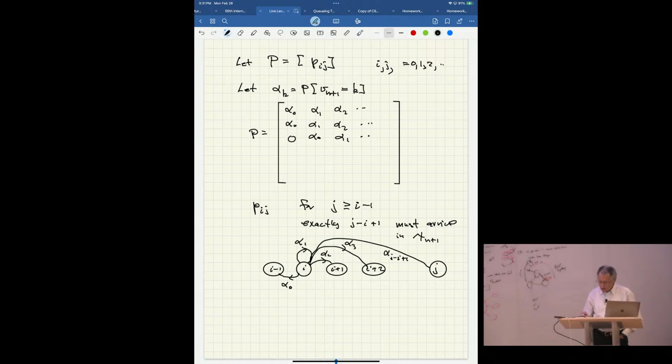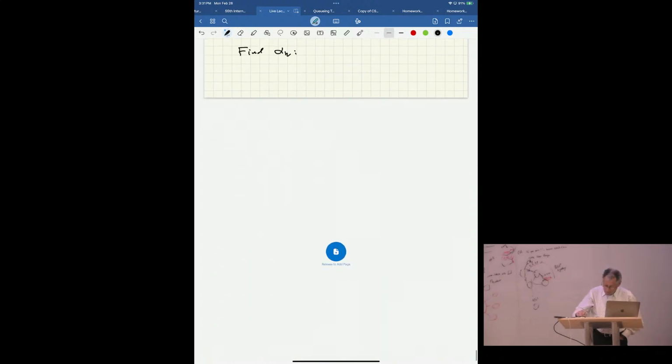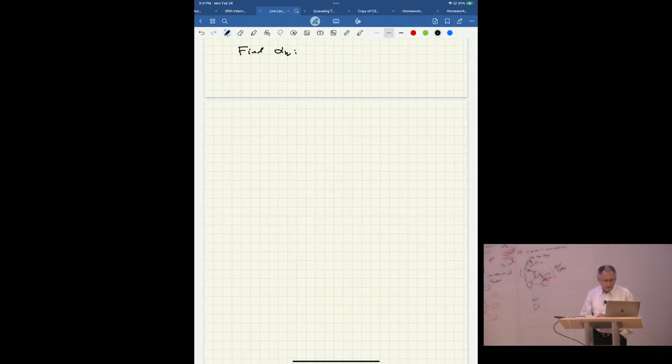So let's talk about finding the alpha k's, okay, before we go to the inspection method. The arrivals are independent of the system state. Let's say that. It's Poisson arrivals.